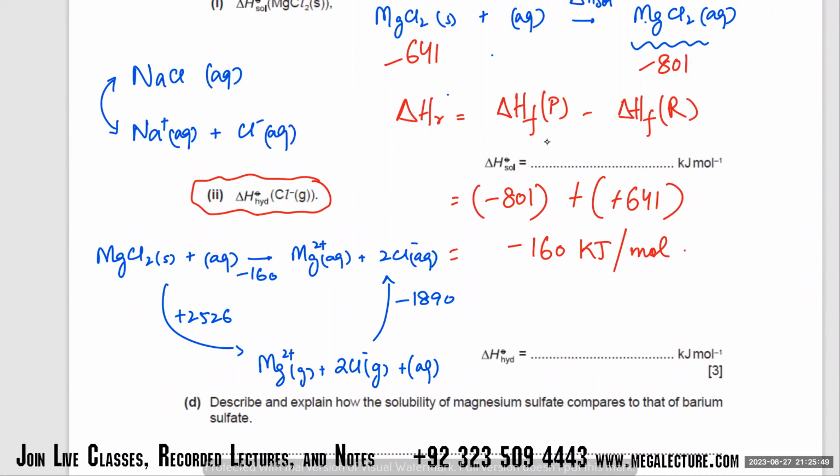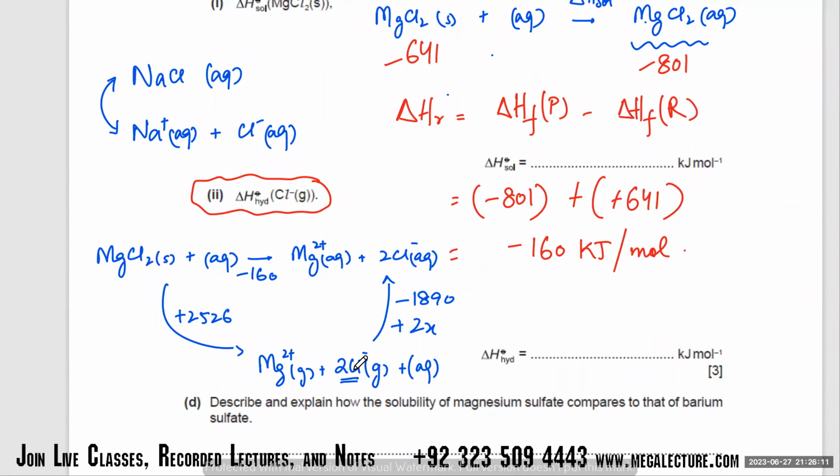Cl ions we have to find out. I don't know what Cl ions is, so that's x. So it's going to be minus 2x because I'm hydrating. Rather, write it as plus, because the sign of x will itself be negative. Okay? So we're going to take it as x and multiply it by 2 because you've got 2 Cl ions.